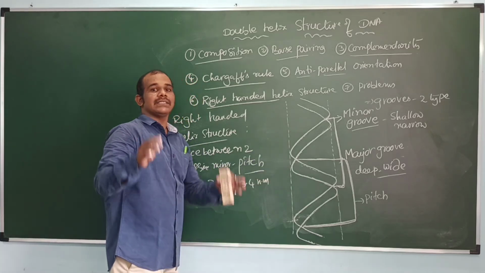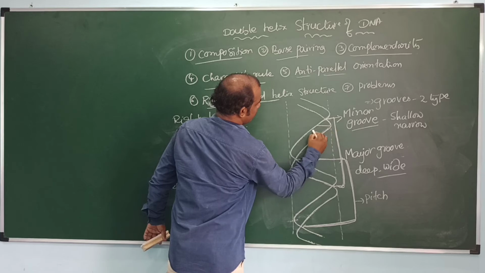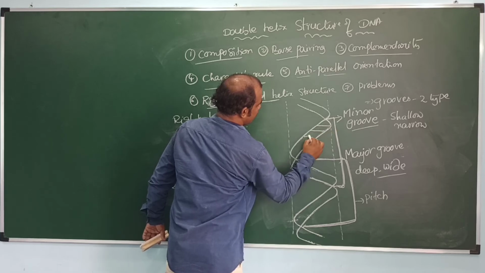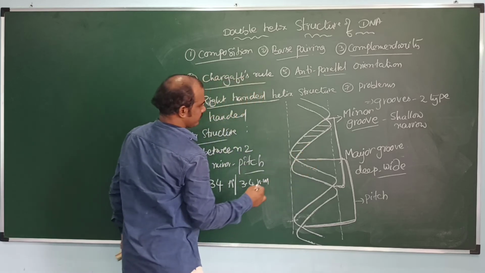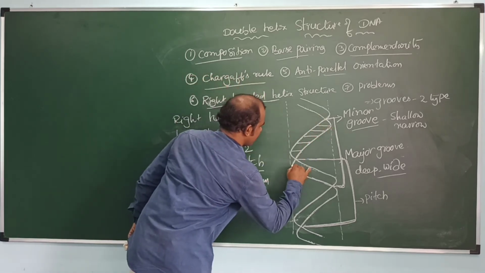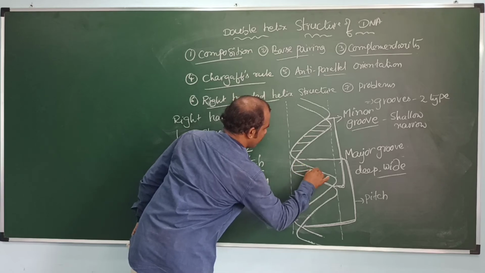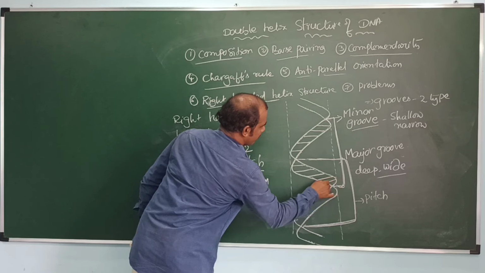Each pitch has 10 base pairs. 1, 2, 3, 4, 5. This is half of one pitch. 1, 2, 3, 4, 5.